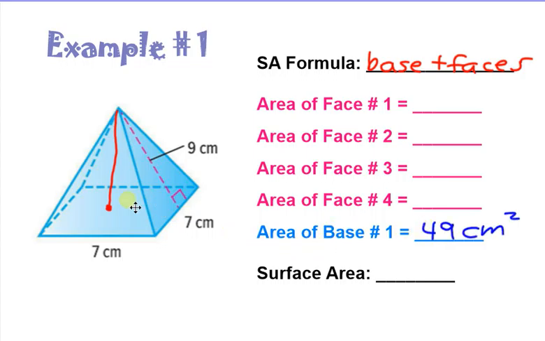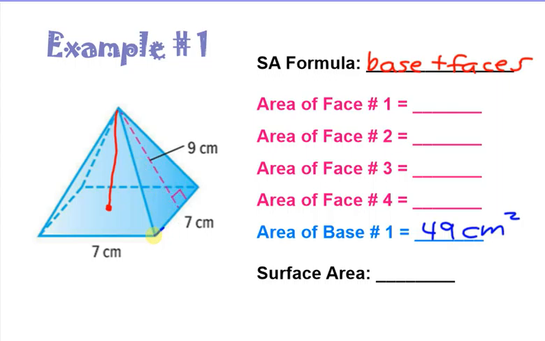Okay, easy enough. Now we have 4 triangles across the sides. They are not always going to be equal, but sometimes they are. Here's how you know. If the bottom is a square, all of the triangles are going to be equal. So you just find one, and then that's the answer for all 4. If it's a rectangle, they're not all going to be equal, and we'll look at examples of that.